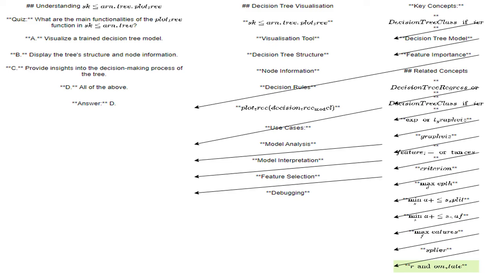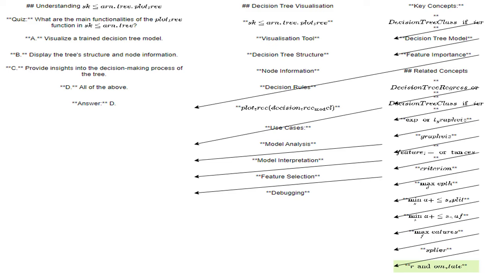Use: controlling the complexity of the decision tree to prevent overfitting. min_samples_split: a parameter in the DecisionTreeClassifier and DecisionTreeRegressor classes that specifies a minimum number of samples required to split an internal node, preventing the decision tree from splitting on nodes with too few samples. min_samples_leaf: a parameter that specifies a minimum number of samples required to be at a leaf node, ensuring that leaf nodes have a sufficient number of samples for reliable predictions.